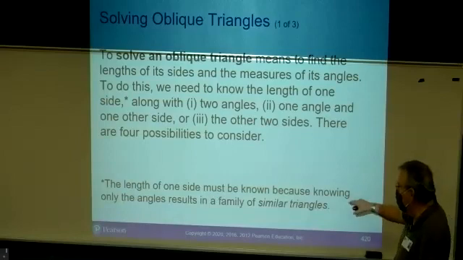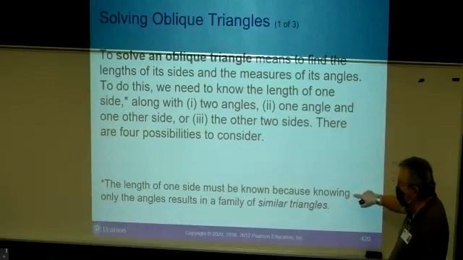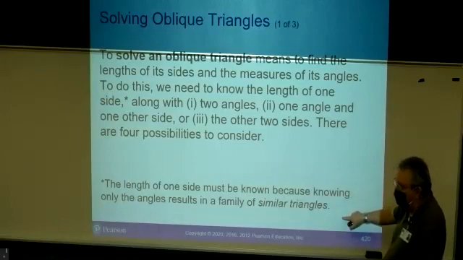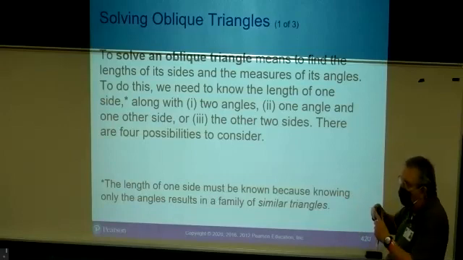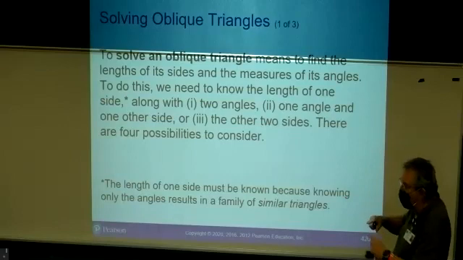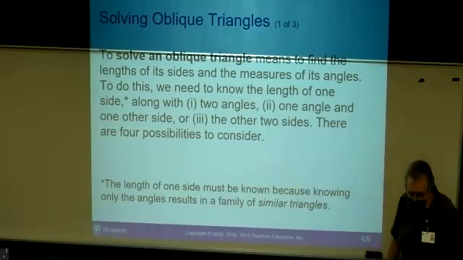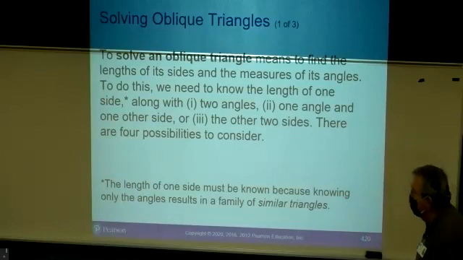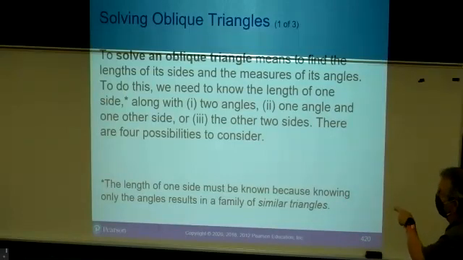The length of one side must be known, because knowing only the angles results in a family of similar triangles. If you don't know the length of a side, the triangle can get very big or very small and the shape remains the same. The angles remain the same, but you don't know the side. So you have to have at least one side.